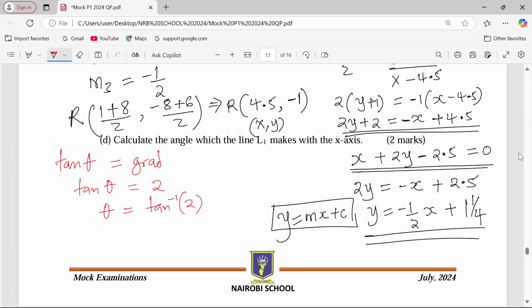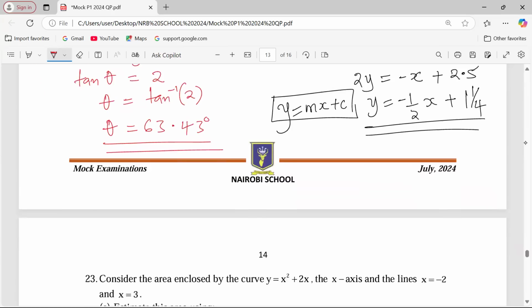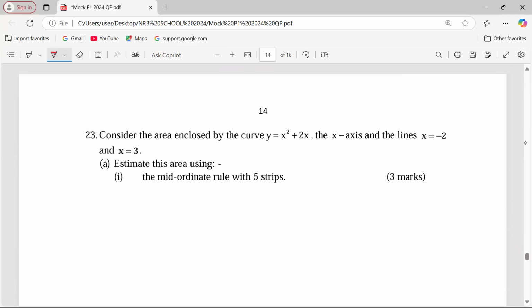So when I write shift tan 2, I'm getting 63.43. So that is part D already worked out. Very simple and very easy to understand.